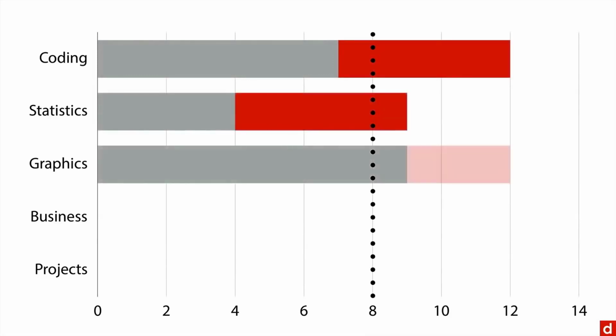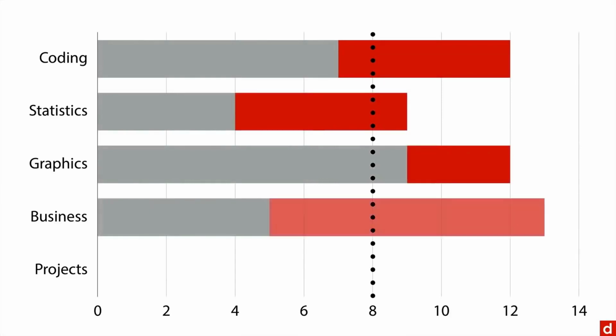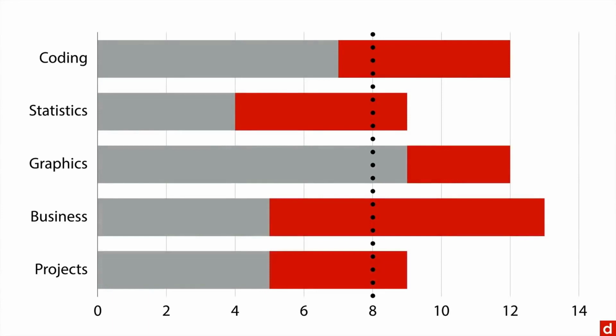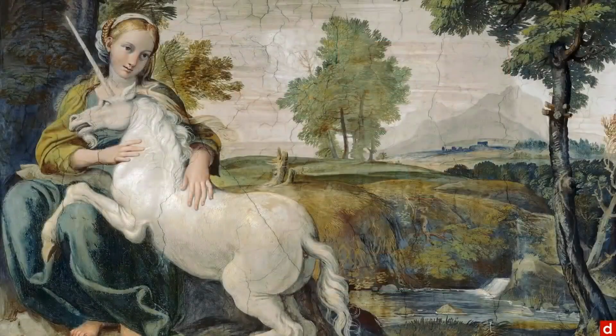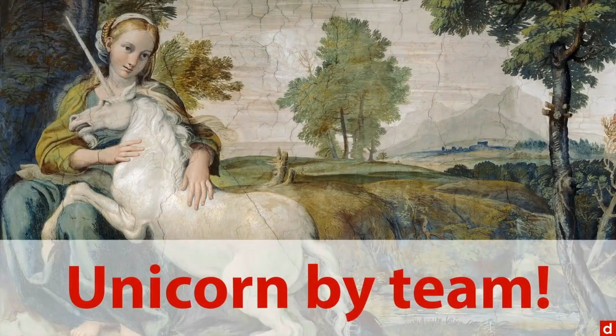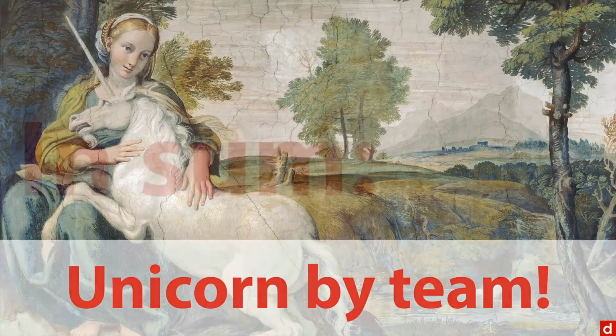Statistics is past 8. Graphics is way past. Business, way past. And then the projects, there too. So when we combine their skills, we are able to get the level that we need for everything. Or to put it another way, we have now created a unicorn by team. And that makes it possible to do the data science project.